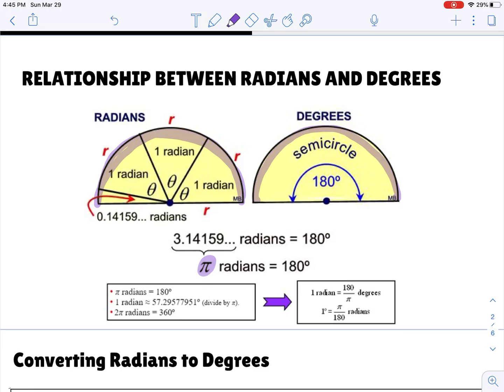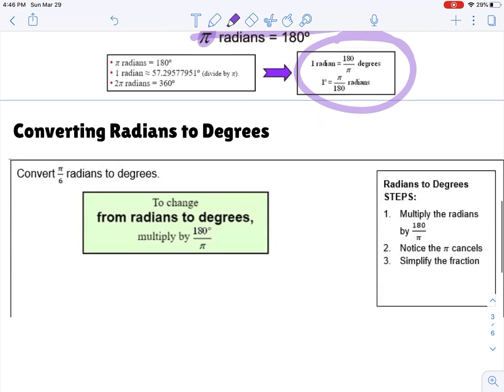So that means there's a pi worth of radians around one semicircle. So we can use this idea that pi radians equals 180 degrees to make conversions between these two. And this is written really small, but 1 radian equals 180 over pi degrees, and 1 degree is equivalent to pi over 180 radians.